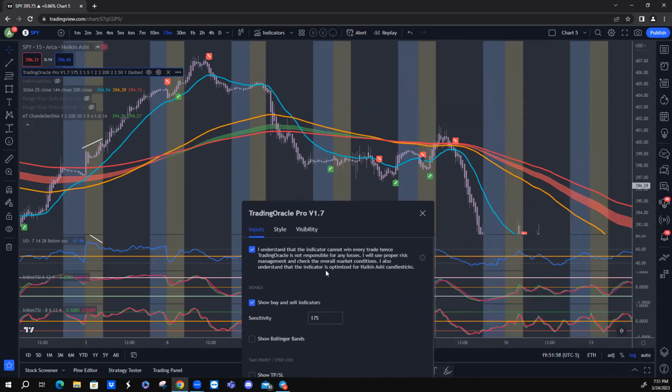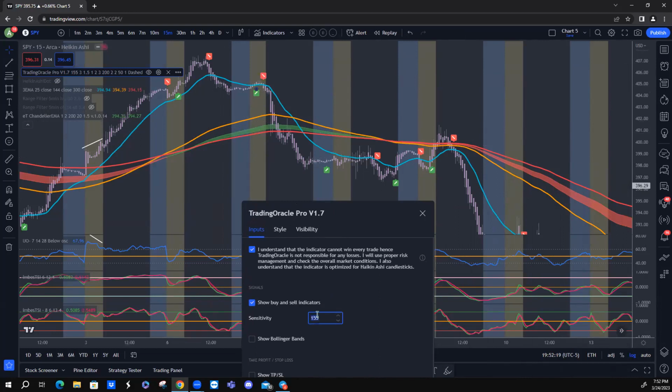Let's try it out. Is it that the higher you go you get more signals or fewer? I think lower is more signals. Okay, so let's try 155 and see what happens. Okay, yeah, more signals are starting to pop up.